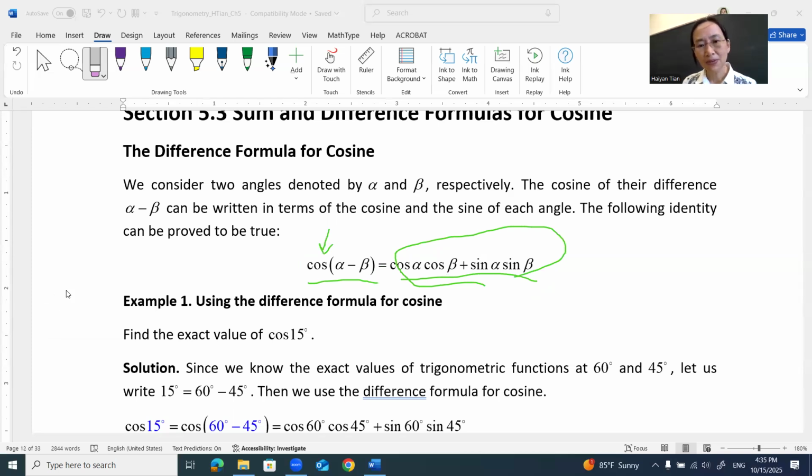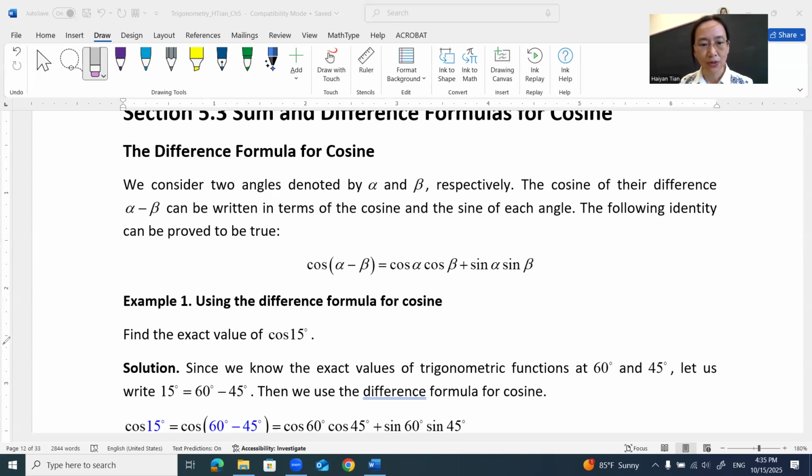But sometimes, given the right, we can go from the right to the left because they are identities, right? Either you encounter the right-hand side and want to replace it with the left-hand side, or given the form of the left-hand side, you want to replace it with the right-hand side, depending on which is convenient.